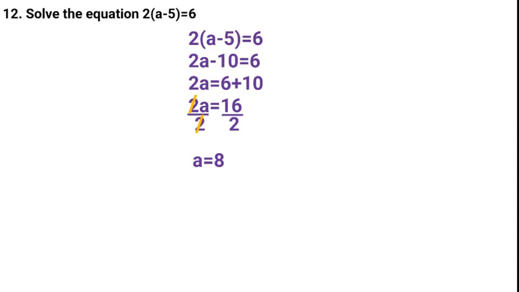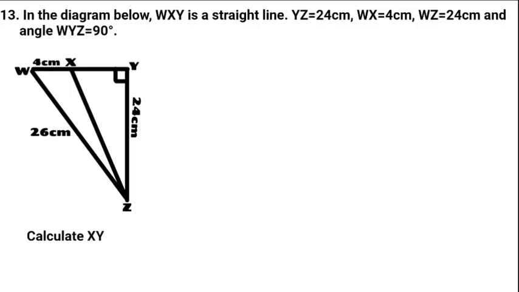Okay, now let's go to the next question. Question 13 was as follows: in the diagram below, WXY is a straight line. YZ is equal to 24 centimeters, WX is equal to 4 centimeters, and WZ is equal to 26 centimeters, not 24 there. I'm going to change that later on. That should be 26 centimeters, and angle WYZ is equal to 90 degrees.